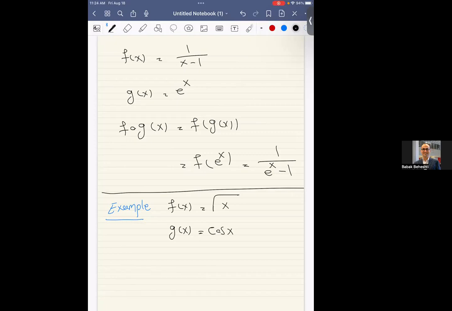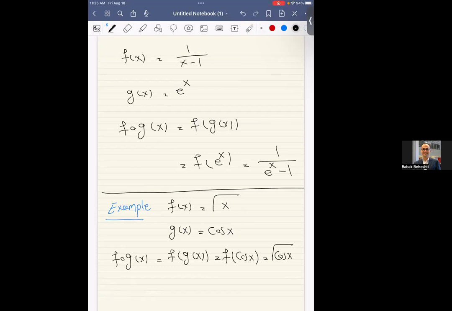Again, there are two ways. Either you can say FOG of x is just f of g of x, which is just a square root of cosine x, because once we have FOG, then we can easily find the domain.